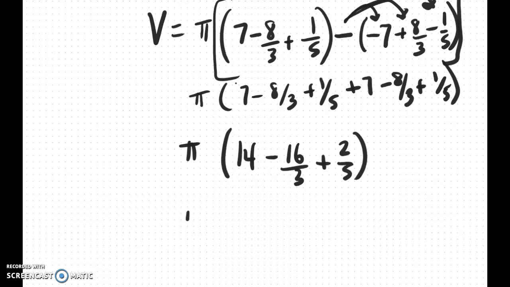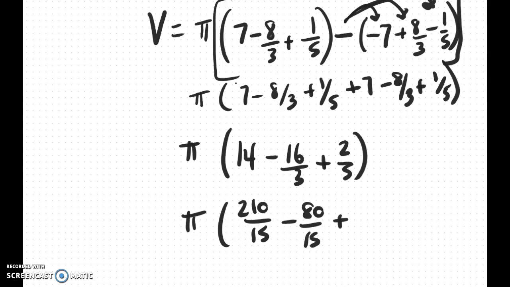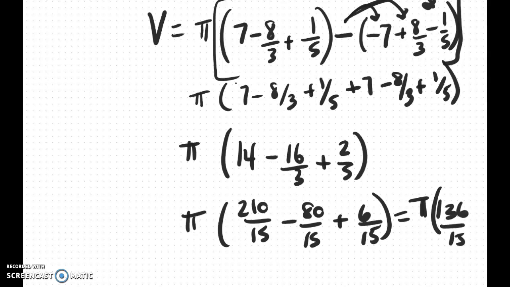And then the common denominator of 15 would give me 14 is the same as 210 over 15. This would be 80 over 15. This would be 6 over 15. And I end up with pi times 136 over 15, which let's put that in the calculator.